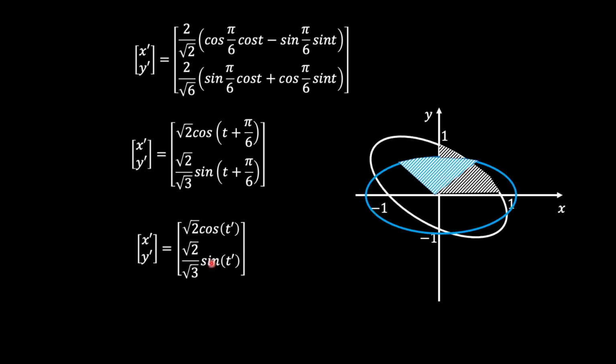We can now extract the major axis, the length from here to here, and then the length from here to here, from this parametric expression. So definitely from this point, from 0 to the edge here, is root 2, and from here to here it's root 2 over root 3.